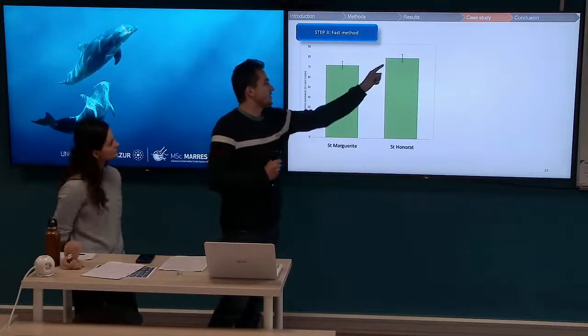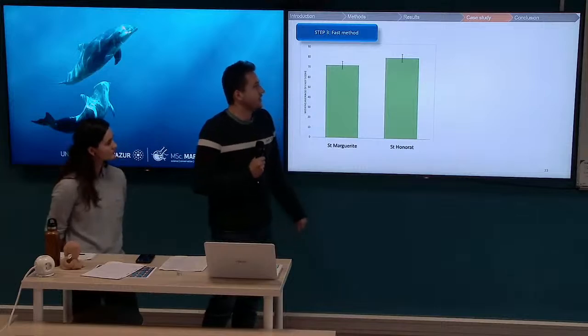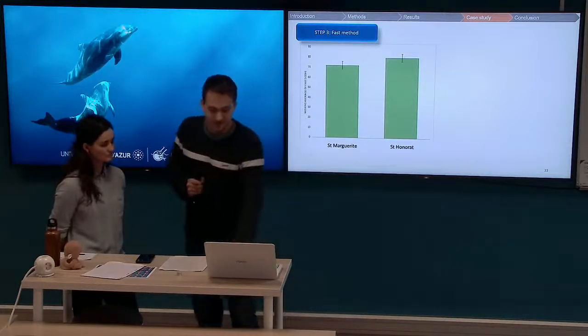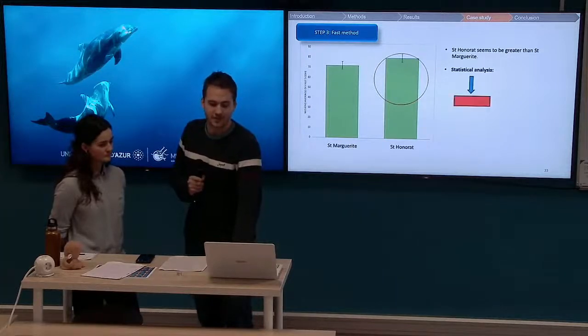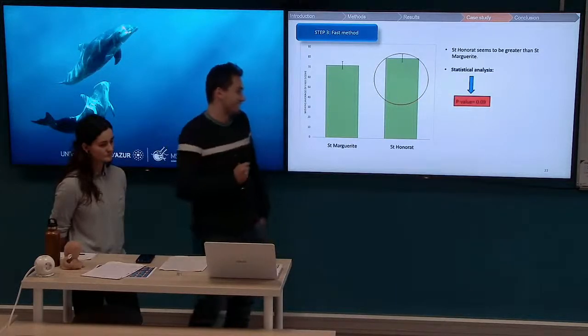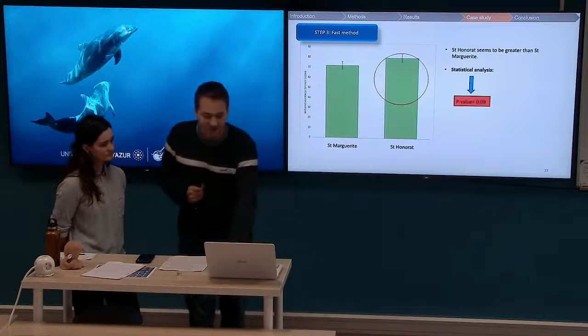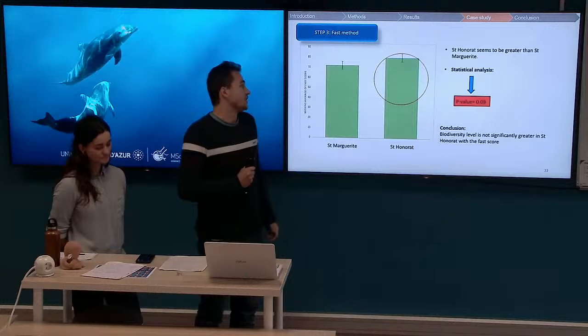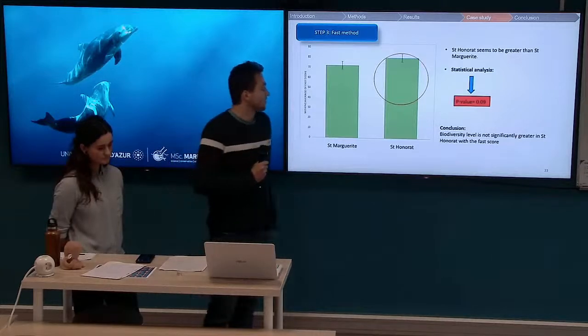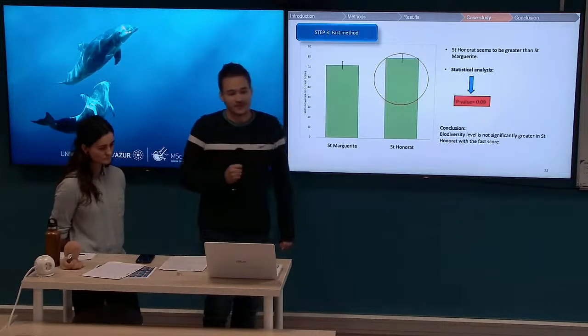And this time it also seems that St. Honora is greater than St. Marguerite, so same assumption. However, this time we didn't obtain a significant p-value, so we cannot conclude that the biodiversity level is greater in St. Honora than in St. Marguerite according to the FAST score.